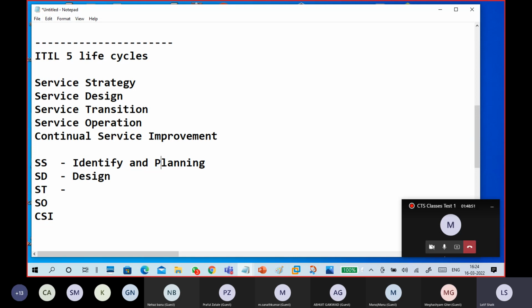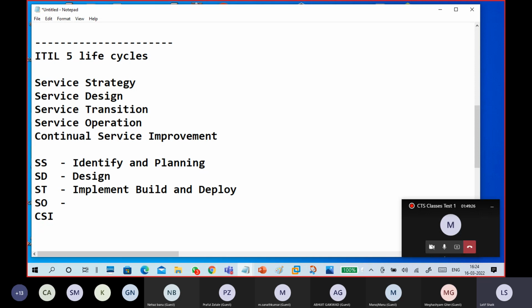Designing the application: what are the application requirements, what technologies are required, flow charts, blueprints, algorithms, that kind of stuff. We have to design it. Once you have designed it, you have to implement it. Implement means build and deploy. That is service transition.